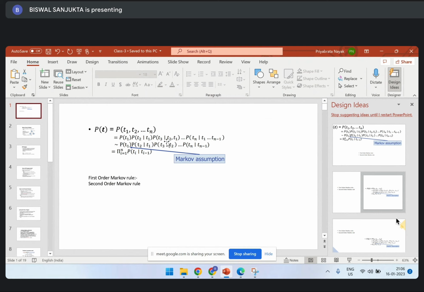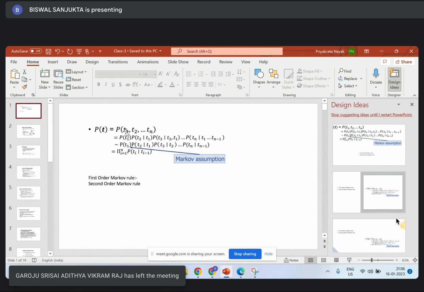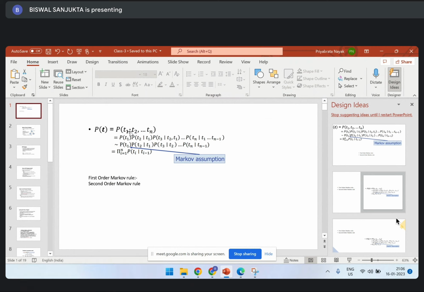Okay, so the first thing is, what is the Markov assumption? For example, let's say you have a set of events, T1, T2, up to Tn.